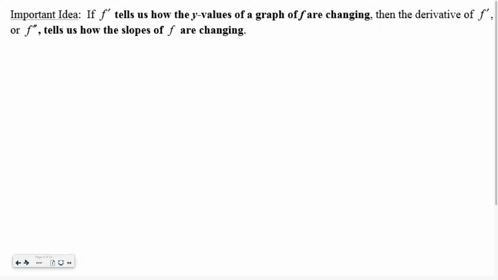Our second derivative is telling us how the slopes are changing. Since the second derivative is the derivative of the derivative, we're talking about the change of the change. So the first derivative represents our slopes, and our second derivative is talking about how our slopes are changing.